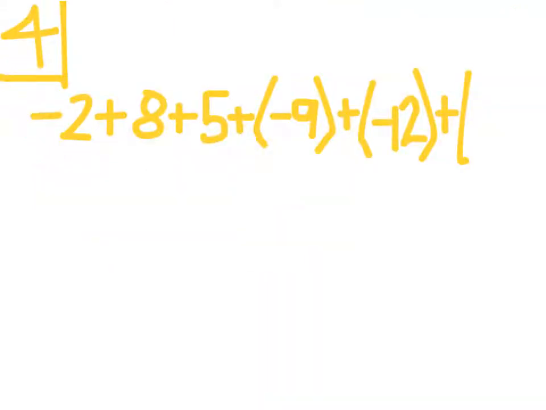All right, on example 4, right below example 3, the word problem says the wind chill temperatures in degrees Fahrenheit for the first 6 days in January were negative 2, negative 2, 8, 5, negative 9, negative 12, and negative 2.